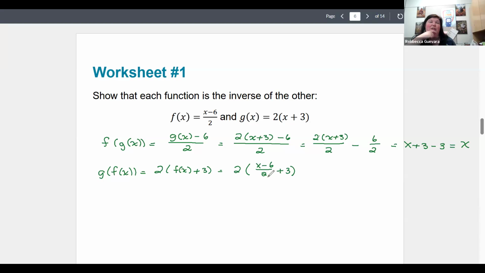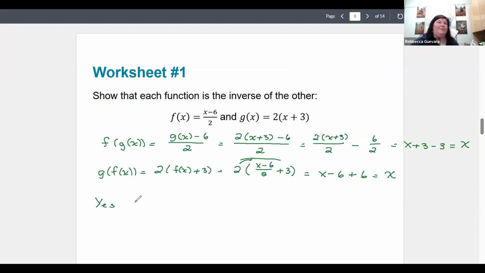So now we replace f with (x minus 6) over 2. So we'll start simplifying. We'll distribute this 2. And once we do that, we're going to get 2 here, 2 here. They cancel, leaving me with x minus 6. And 2 times 3 is going to be plus 6. So once again, we're going to be left with just x.